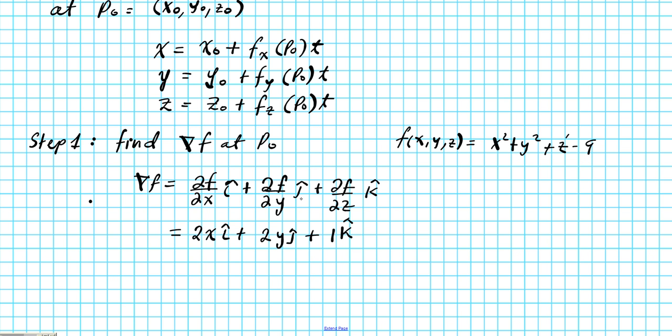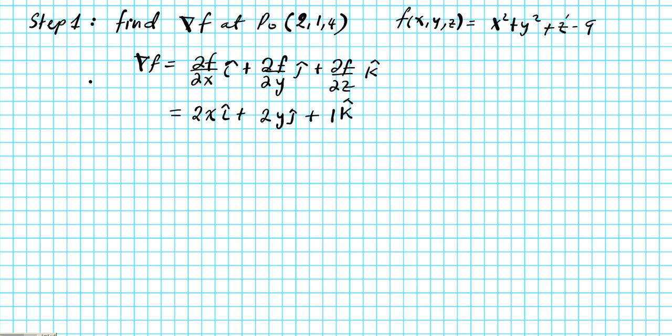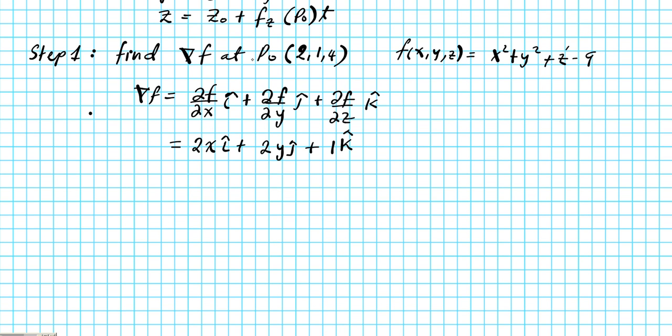Well, we want to fix it at p sub 0. P sub 0 in this problem was 2, 1, 4. So the gradient at this point will tell me the direction of the normal vector that will help me generate the equation of the normal line and the tangent plane. So we need to complete step one. Step one was to find the gradient at this point.